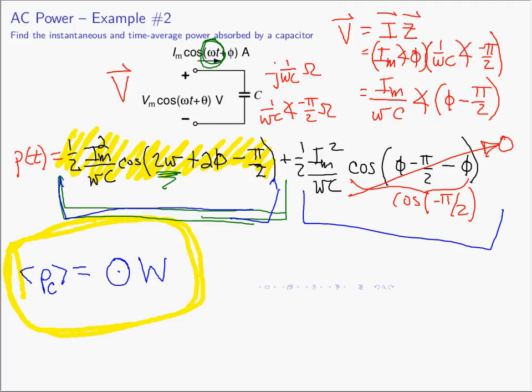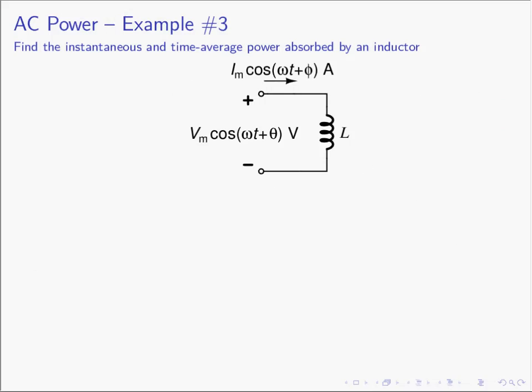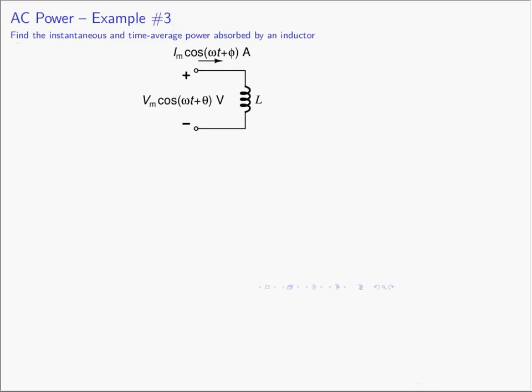Let's do another example. So now let's look at the case of the current being driven into an inductor, and this works the exact same way. Remember, this is j omega L, or it is omega L angle pi over 2. So I can find the voltage out here. The voltage is going to be the current Im angle phi times the impedance.